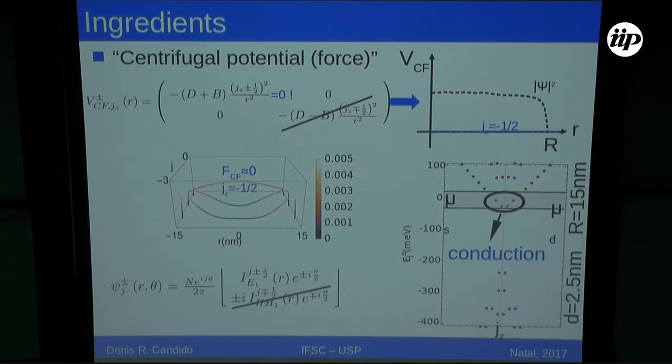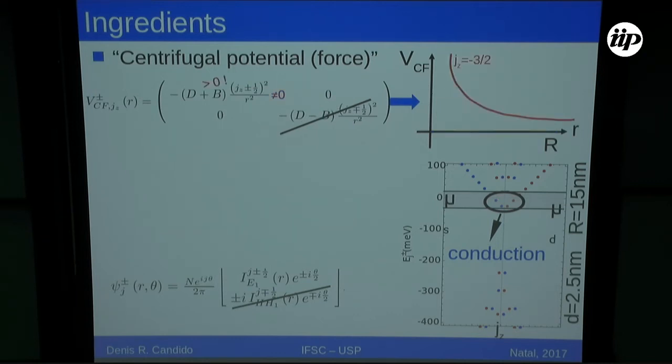However, when I move to this state, that is minus 3/2, now this term is not equal to 0 anymore, and so I have a potential like this. I should mention that in order to have a potential like this, where the probability to find an electron is where we have a small potential, it's just true when I have these two terms, minus d plus b greater than 0.